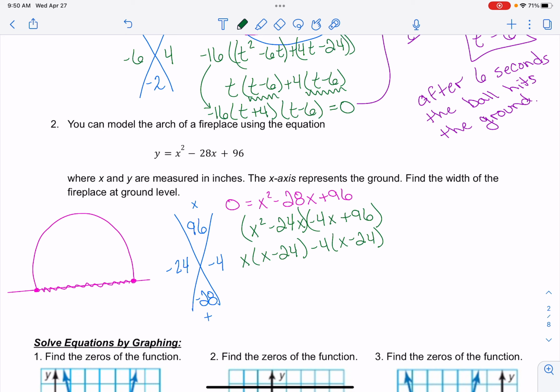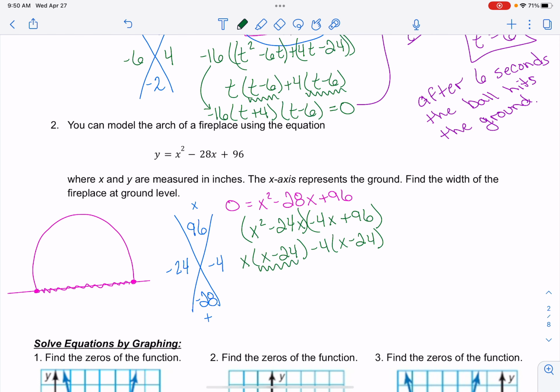When you factor out that x, you're left with x minus 24. And in the second set, that first term was negative, so we have to pull out a negative. And our GCF was 4, so we pulled out a negative 4, which gave us x minus 24 on the inside. So again, parentheses match. So we have x minus 4 times x minus 24 is the factored form.